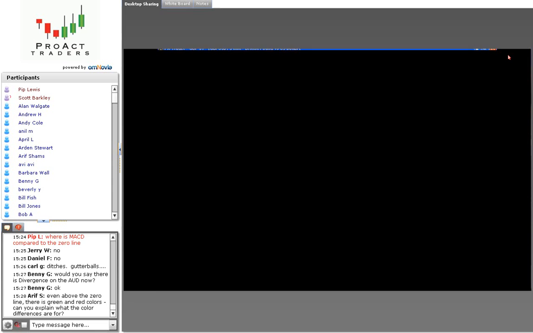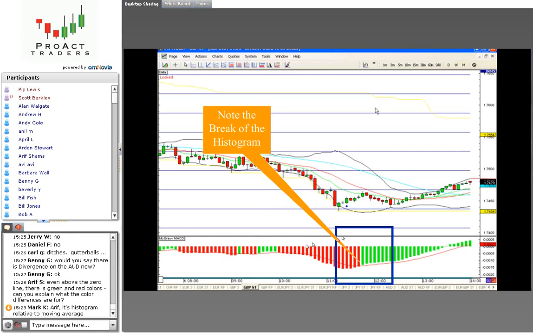All right. So also note the break of the histogram. Right, right here. That histogram. These histograms move with the candles. They're pretty responsive to the candles. But the moving average is a smooth deal. And because of that, the smooth deal cannot keep track of every one of these candles because it's smoothed out.